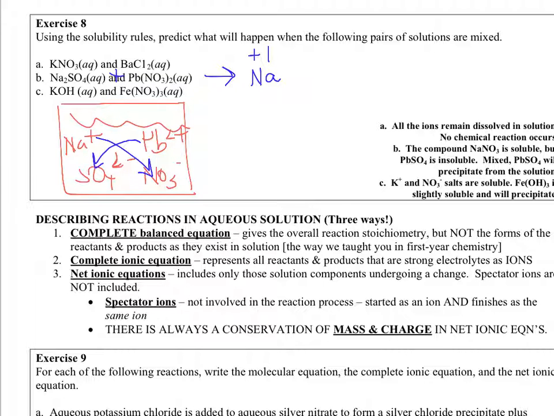It recombines with the nitrate. Sodium +1, nitrate -1. My formula is done. And my second product is that lead. I know lead has a +2 oxidation number because of the formula. So let me write that one down here, because it was lead nitrate.